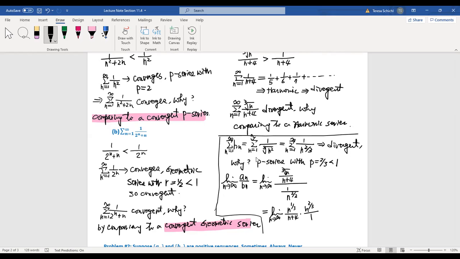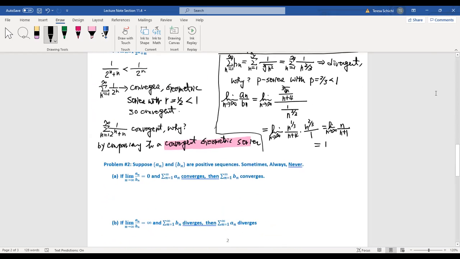So this will be the limit as n approaches infinity of 2/3, 1/3, this is n plus 1. What is n plus 1? It's 1, right? So I know by limit test, so you can say the other things here.